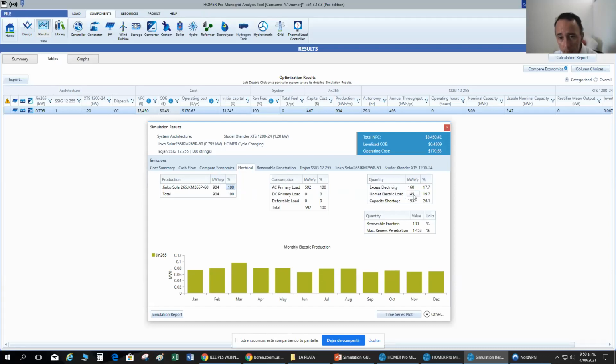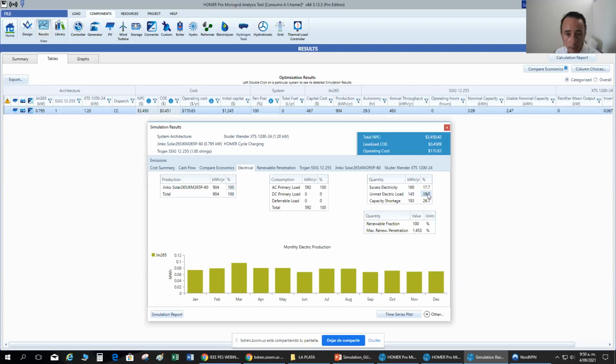But there's a load, it says 145 kilowatt hours per year, that cannot be served by this system. This is called the unmet electric load, and it is almost 20% of the system.